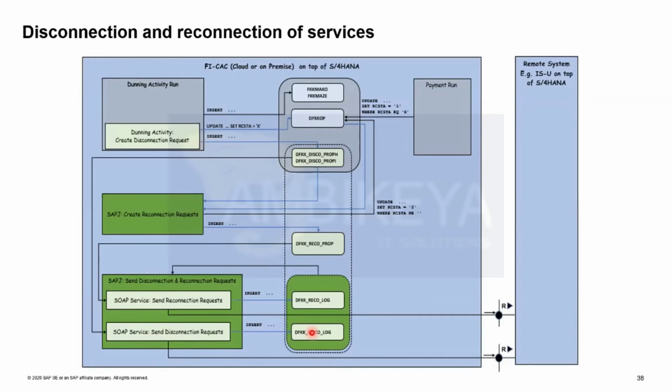Then we send a reconnection request again to the external system, and there it is decided whether the customer will be reconnected. FICA only creates triggers for an external system.